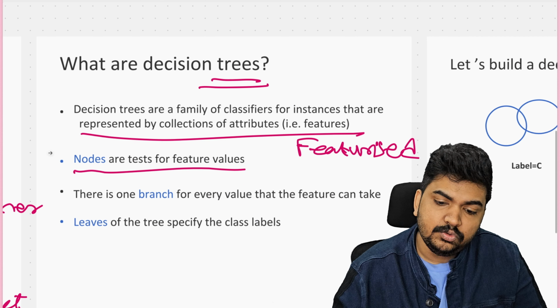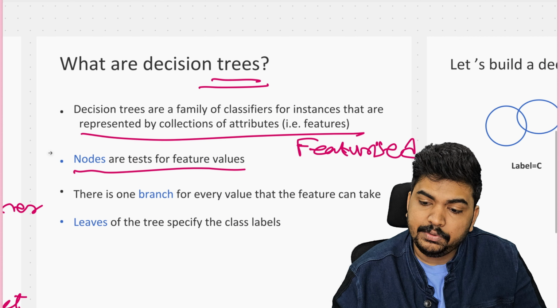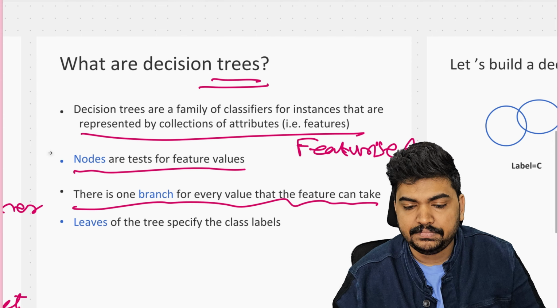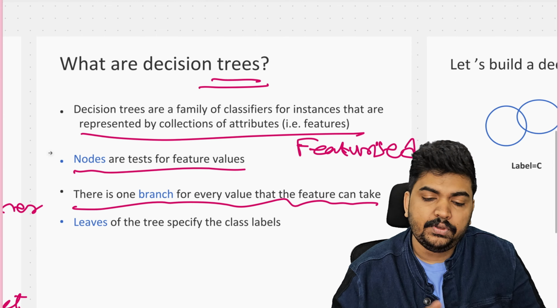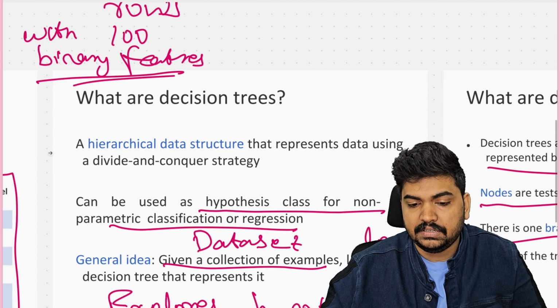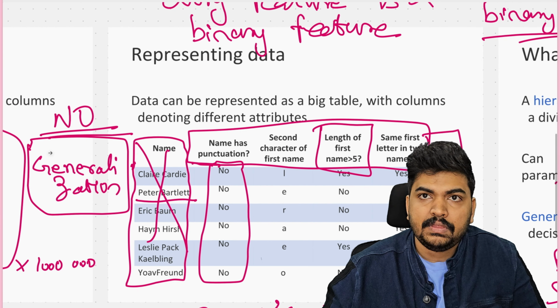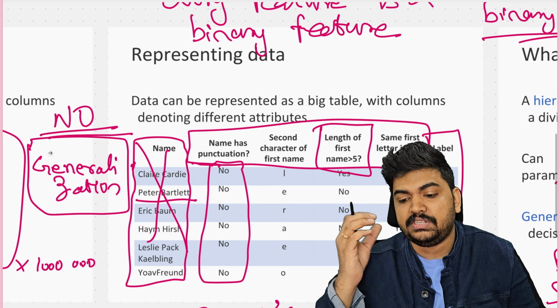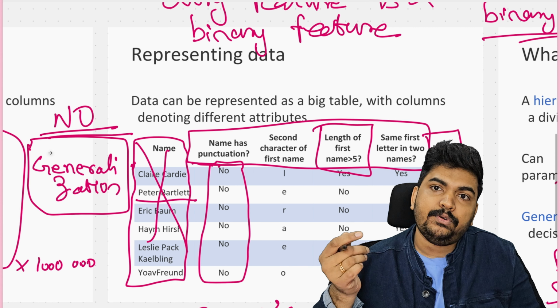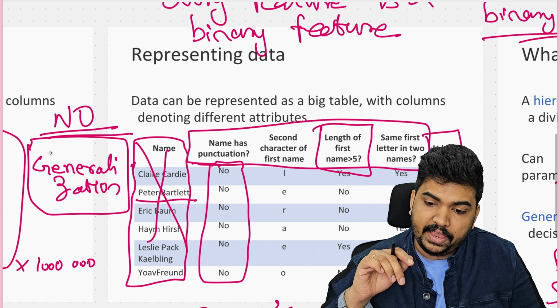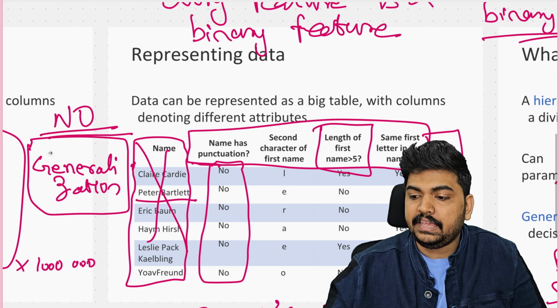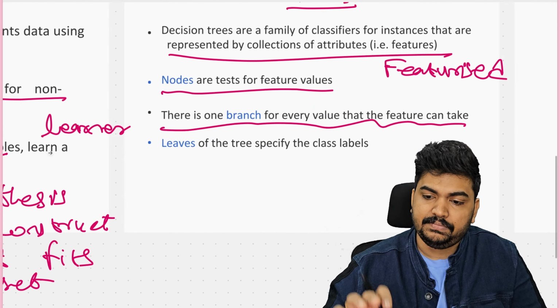Now, there is one branch for every value the feature can take. For example, if the feature is asking what is the second character of the first name, that means the feature has 26 possible values, and for every value I can do a separate branching.